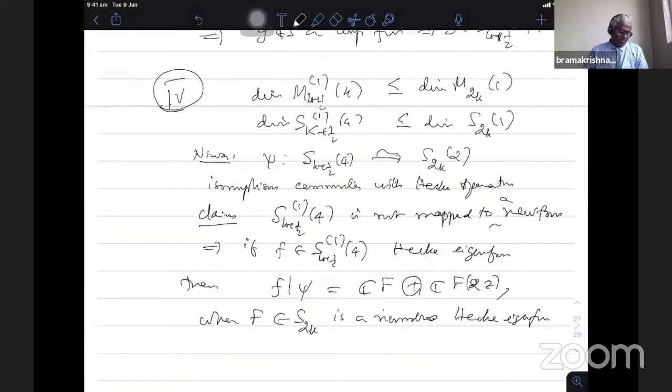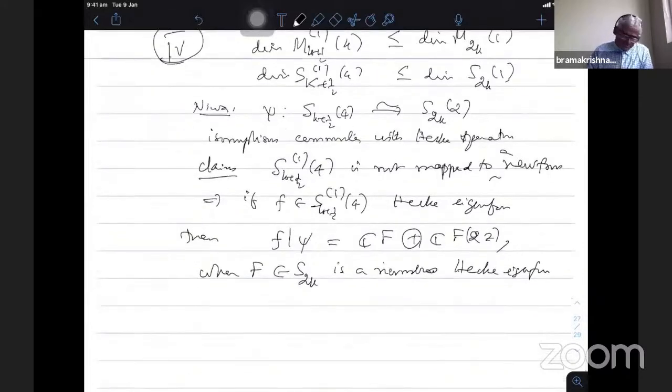Okay. This is the first step, and then next one he shows that the f1, f2 are eigenforms in S_k^+(Γ0(4)). So the multiplicity 1 result holds in S_k^+(Γ0(4)). What does it mean?